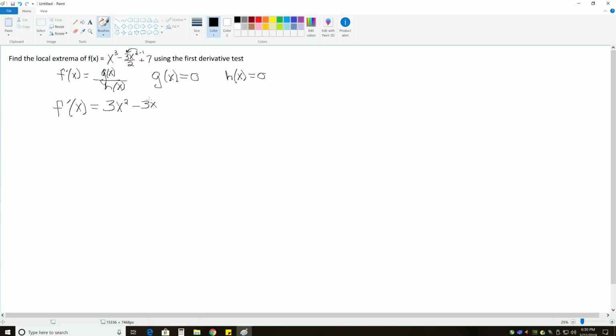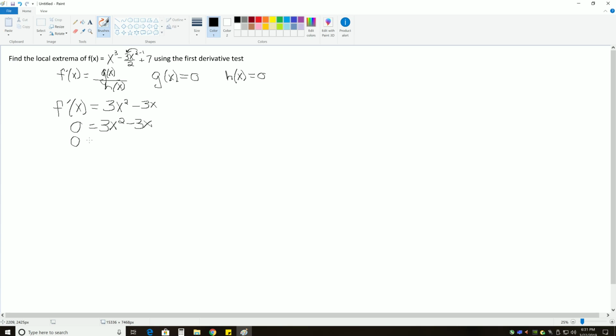And we want to set that equal to 0. Since it's just a polynomial, there is no fraction here like in the case above, so we can just set this equal to 0 to find all of our partition numbers, which gives us 0 is equal to 3x squared minus 3x. And from here, all we have to do is factor and set each factor equal to 0.